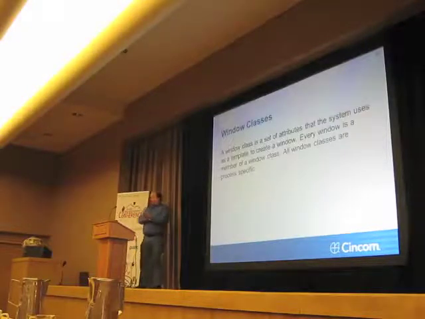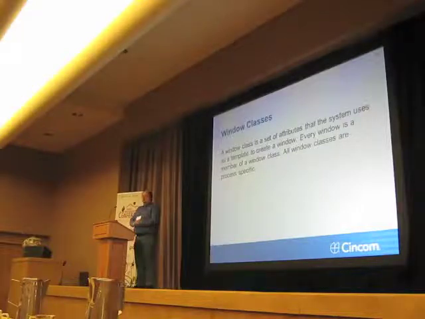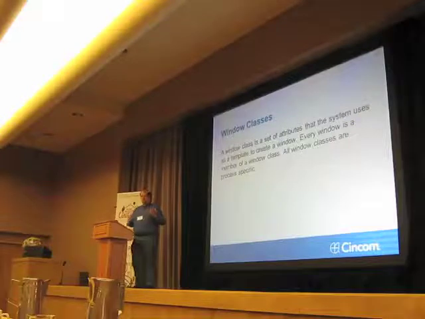Window classes, they're not really classes like in the traditional Smalltalk sense. They're basically types of windows that have a common icon, a common window procedure, a common behavior, so you need to tell Windows that your class exists before you can actually use it.